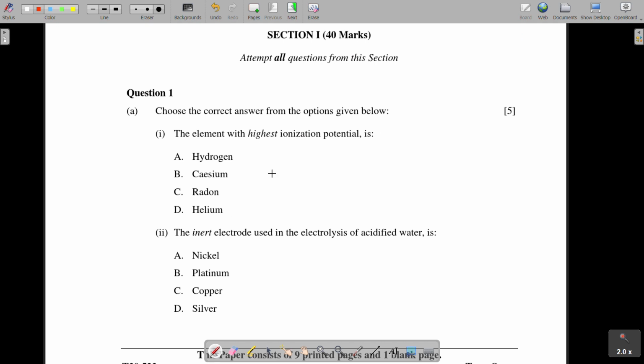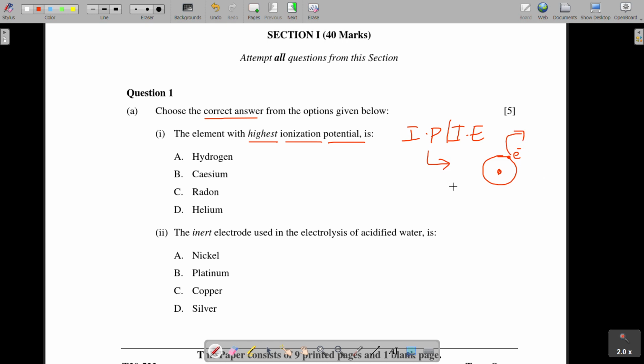You can see question number 1, multiple choice questions. The element with highest ionization potential. So you already know what is ionization potential. Ionization potential is also called ionization enthalpy, ionization energy. It has different names, but it indicates the same thing. Ionization potential is how much energy you need to remove an electron from its outermost shell.